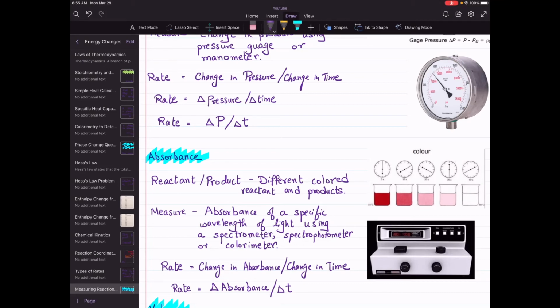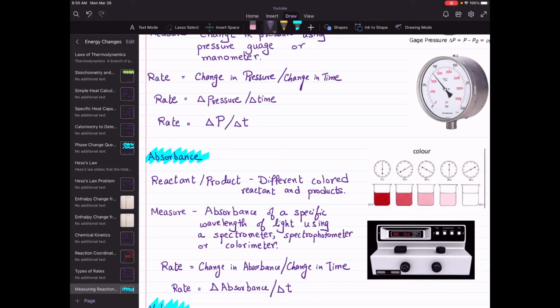So what we can do is we can determine how much of a specific wavelength is being absorbed by the substance. And as the absorbance changes, we know the reaction is progressing. So if you can figure out the rate of change of the absorbance, then we can figure out how fast the reaction was taking place.